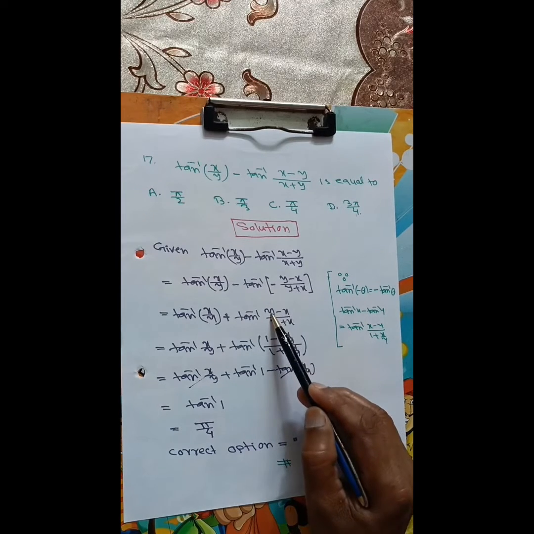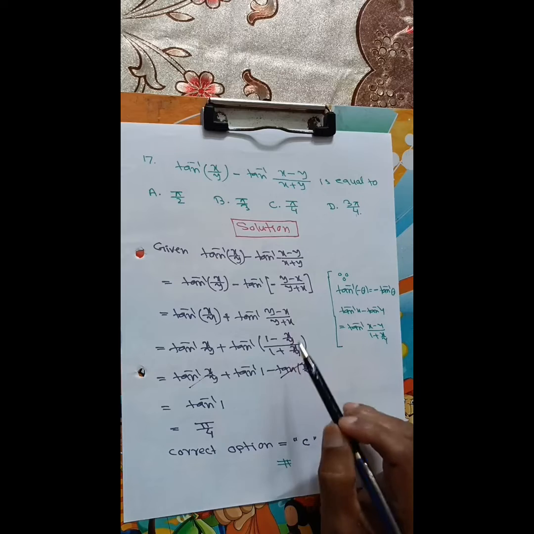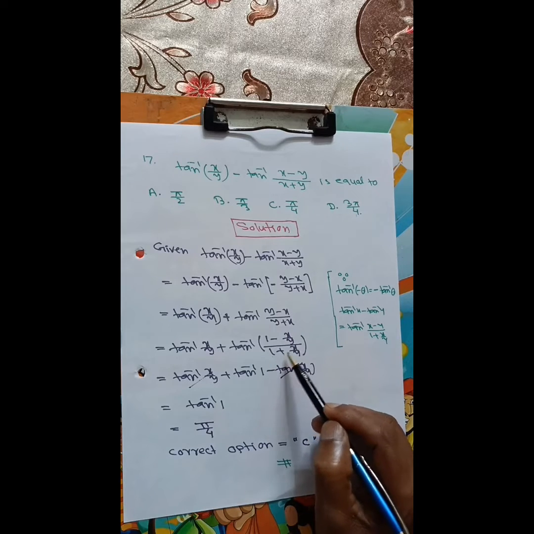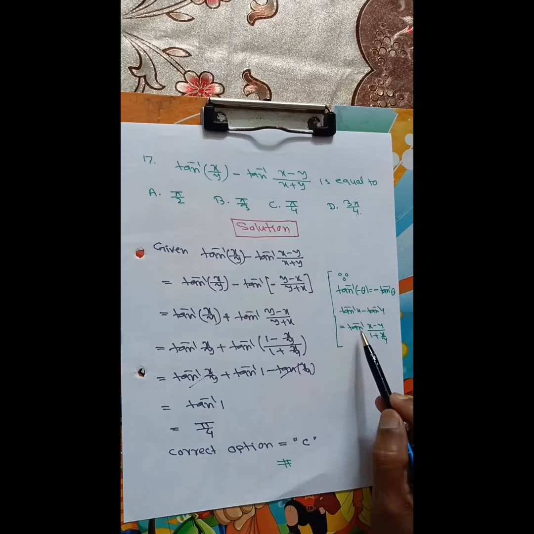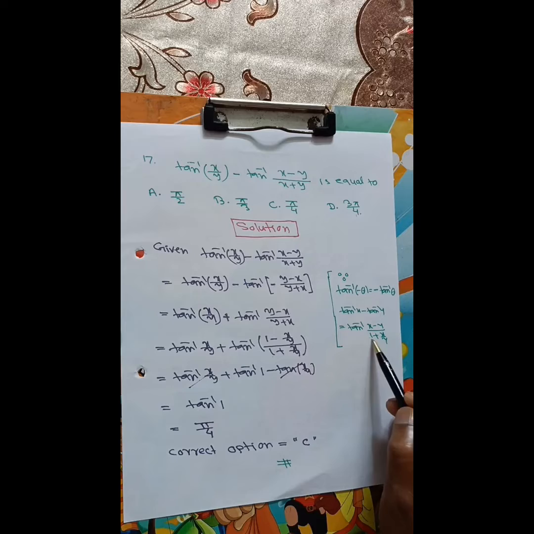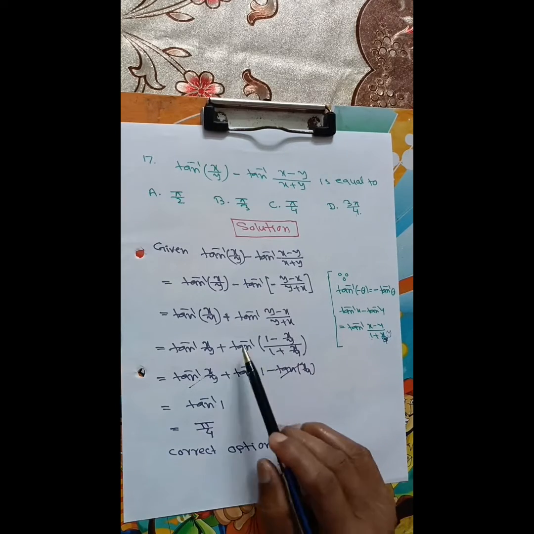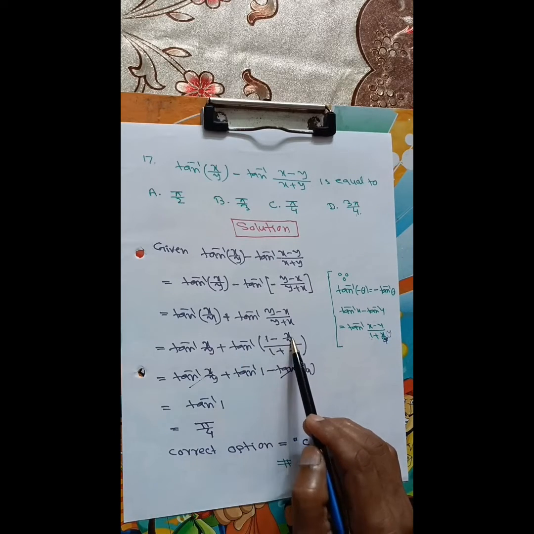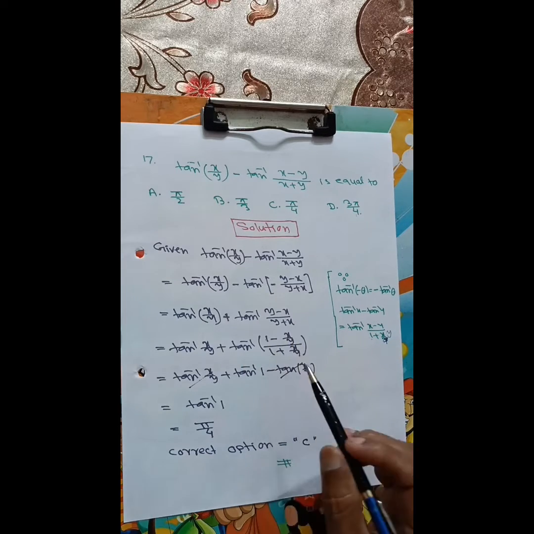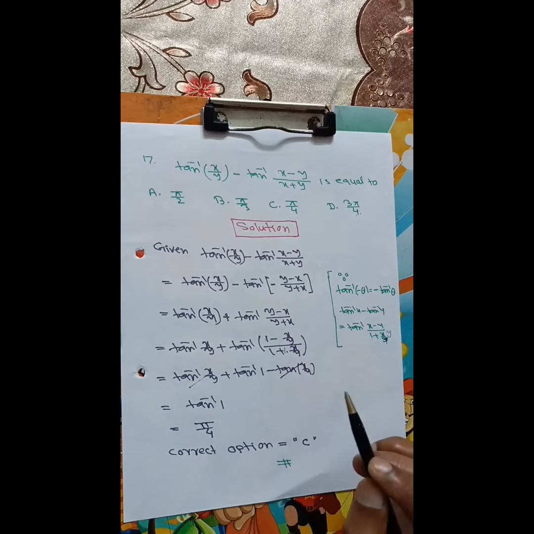Okay. Next step, if we divide numerator and denominator by y, then we get 1 minus x by y in the numerator, and 1 plus x by y in the denominator. That is the formula, tan inverse of (x minus y) divided by (1 plus xy).